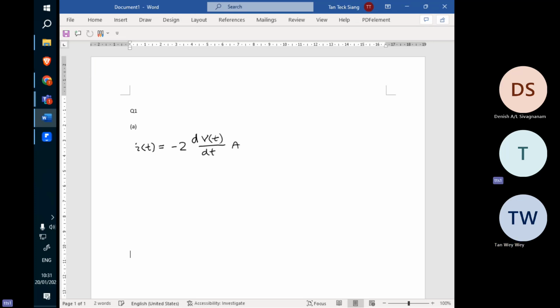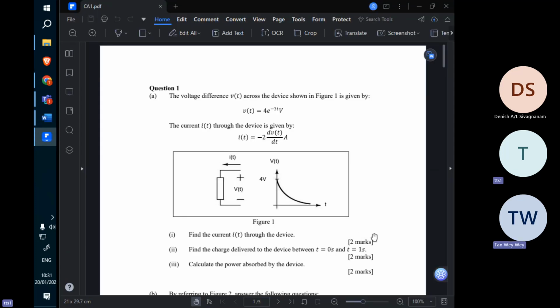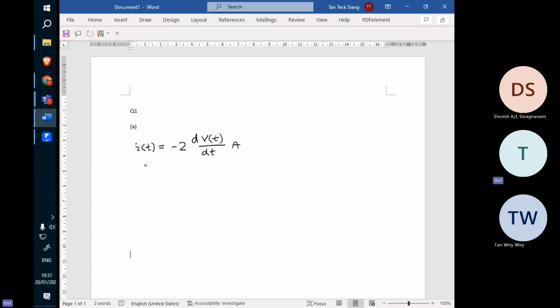Even though the question says find the current I, if you say this is the current I, partially you are correct. But what you are asked is to find the current I through the device. So you can argue this is the answer, but this is still not the final answer.